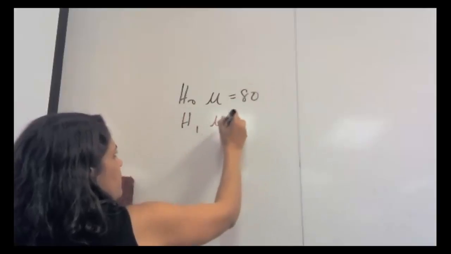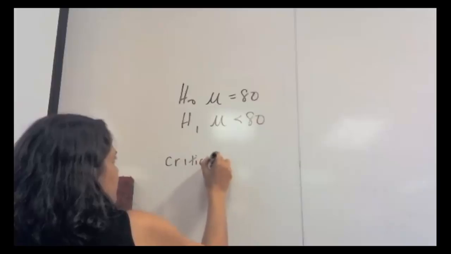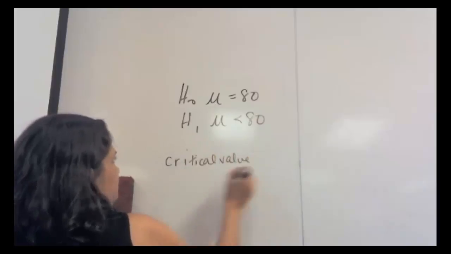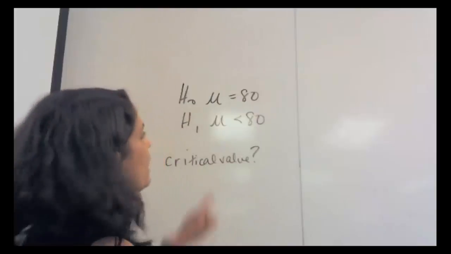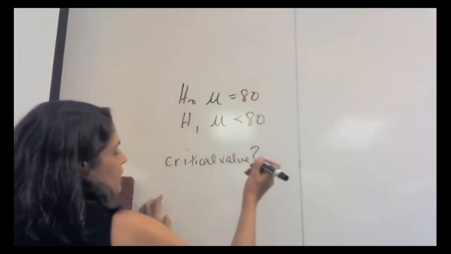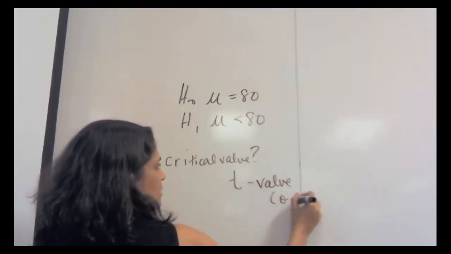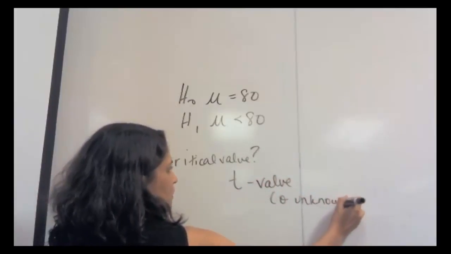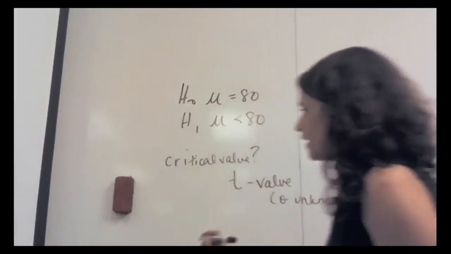The alternative, the mean is less than 80. And it's asking for my critical value. So I said that this is going to be a t-value because sigma is unknown.